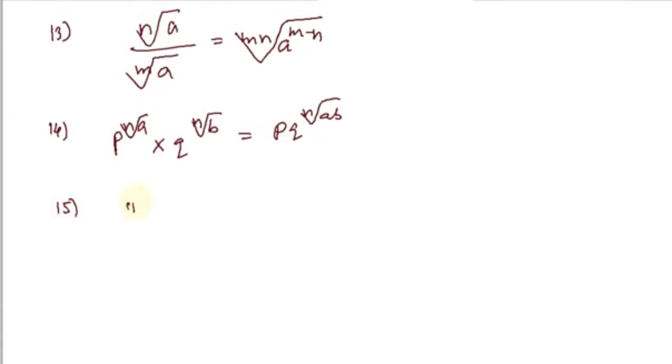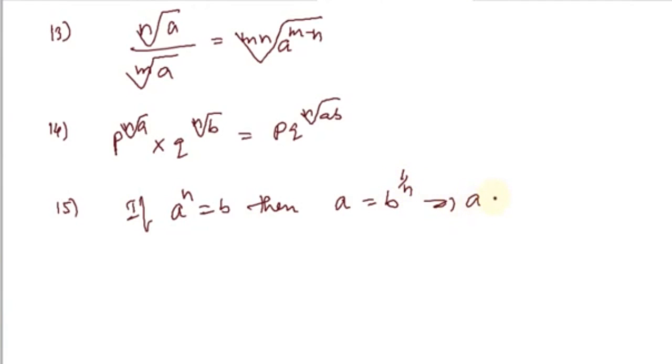Now the 15th one: if a to the power n is equal to b, then a I can write as b to the power 1 by n, if you multiply both sides by the power 1 by n.